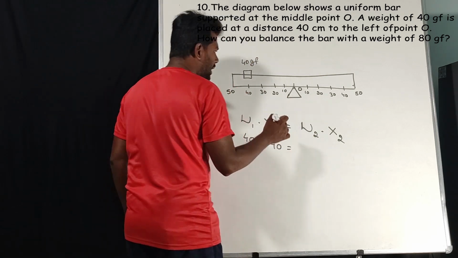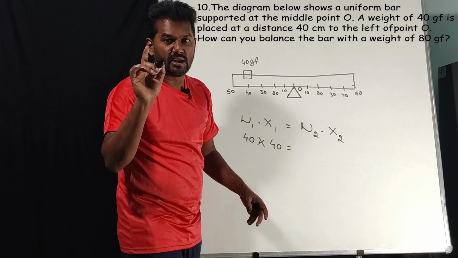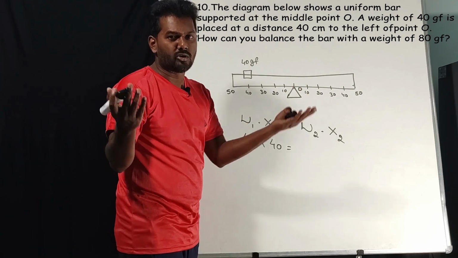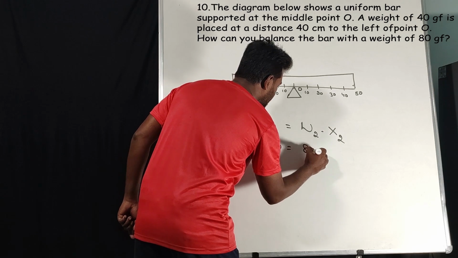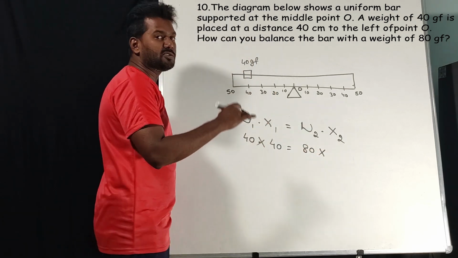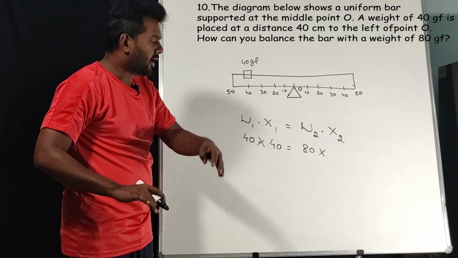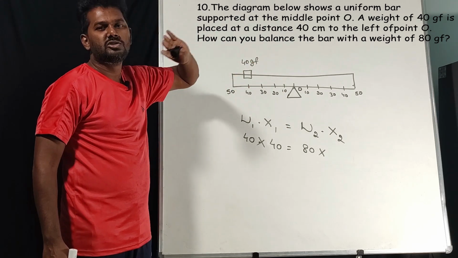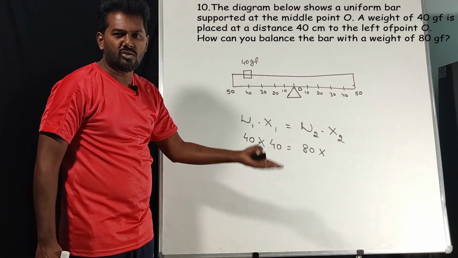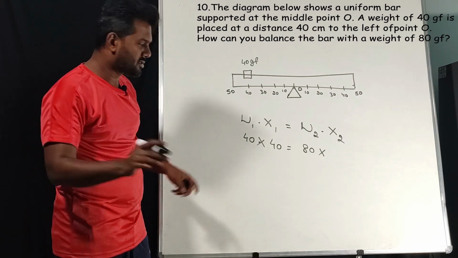Then W2, listen, they have given 80 gf force. We don't know where to keep it. What do you mean by W2? 80 gf. 80 into x2, that is what we need to find. See, if you understand the question, what we need to find, then half of the question is solved. Then just writing the values and diagram will fetch you full marks.